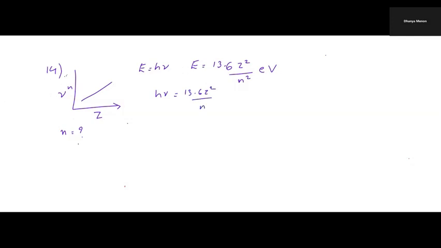We can see that nu is directly proportional to Z square. So we can say nu to the power half, that is the square root of nu, is directly proportional to Z. That means nu raised to n is directly proportional to Z, so the value of n is half.